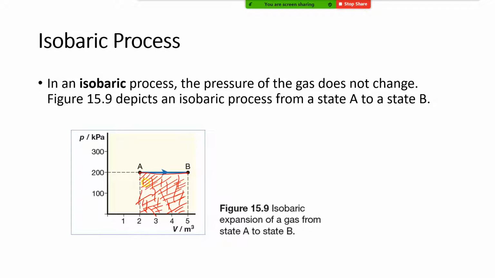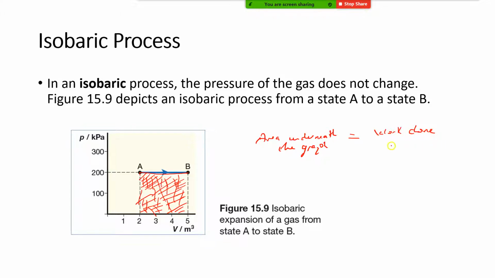Do we remember or we don't remember? So is that something about work, to find the work done? Yes. So the area underneath the graph is used to find the work done.